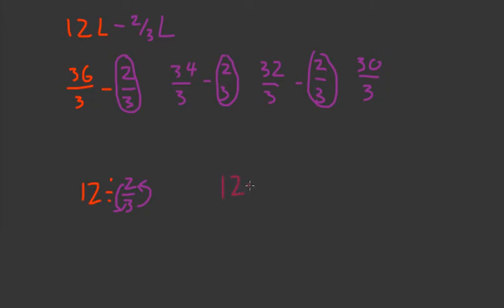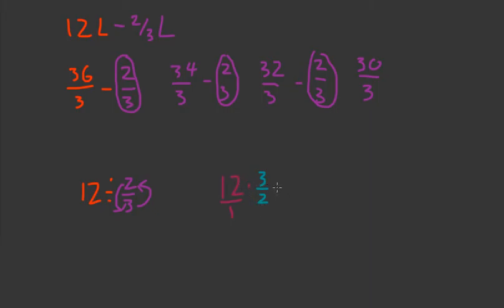So now we have 12 times 3 over 2. The reason we're doing 12 times 3 is because 12 really is 12 over 1. As a fraction, we do 12 straight across, 12 times 3, and 1 times 2.